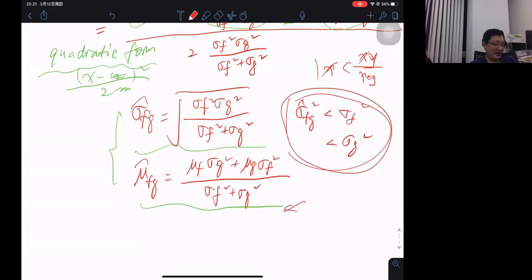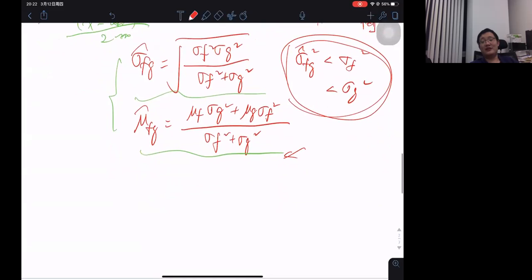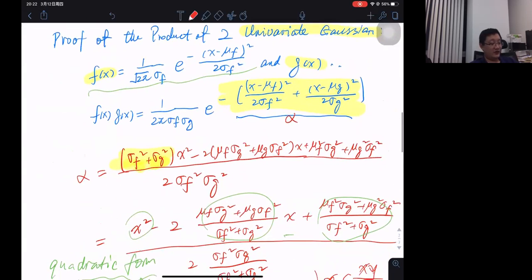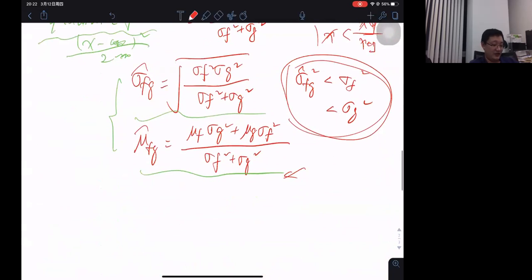I have limited time, only a break of 5 minutes. So I'll try to get the complete proof, but this computation is quite close to what you want to get. Remember this as a conclusion first: as a product, sigma fg should be smaller than sigma f and also sigma g.